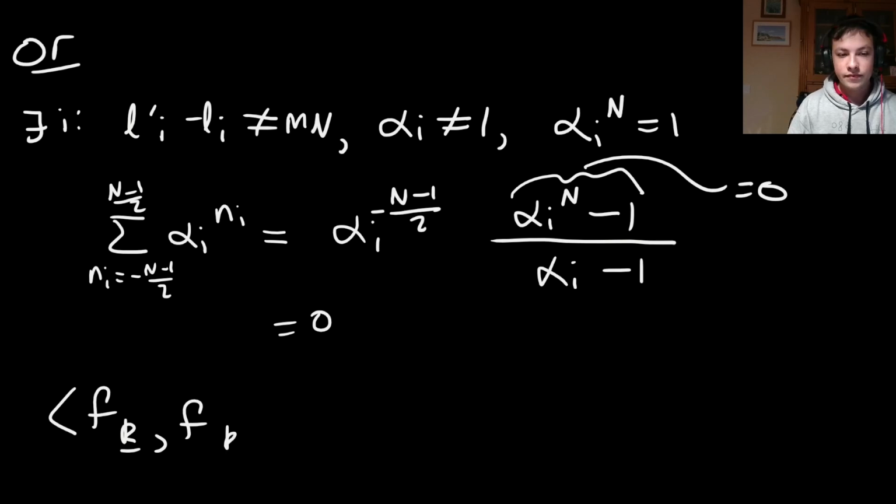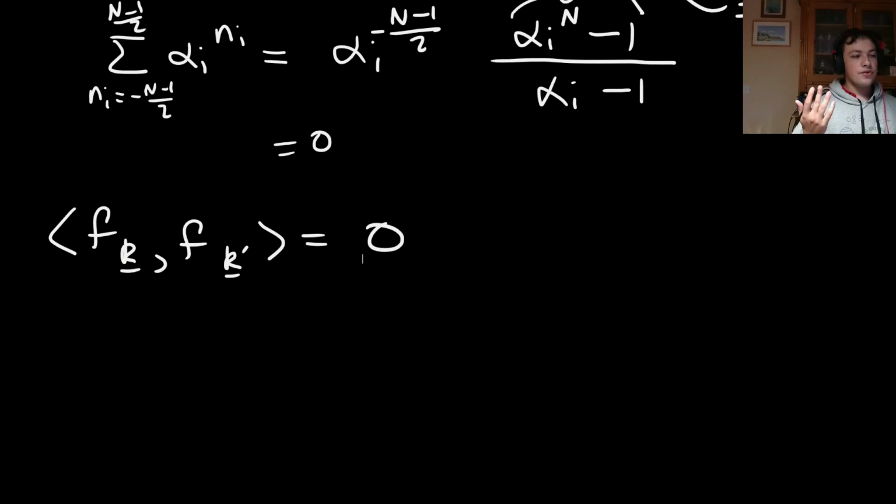f bar k primed is 0. And so we see that unless k and k primed are related by integer multiples of n, the dot product is going to go to 0.